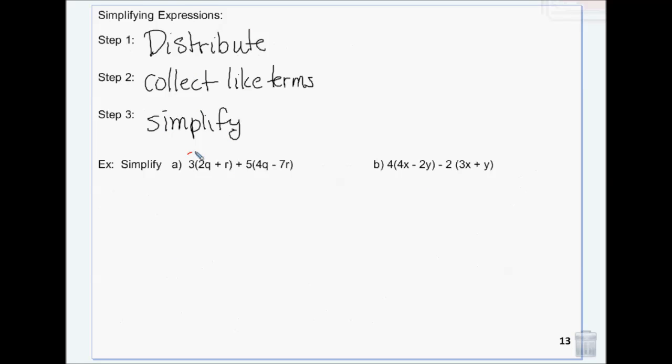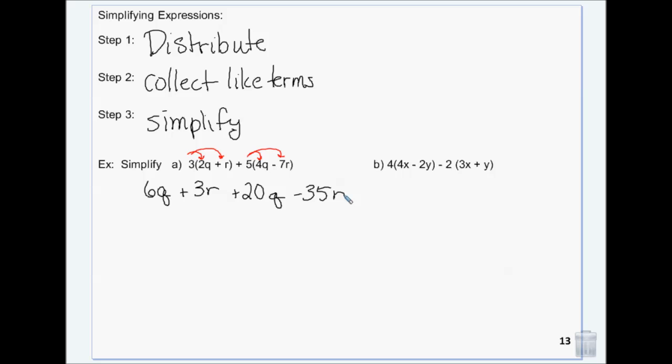So that one's going to take a little bit more work. So I'm going to distribute that 3, and I'm going to distribute this 5. So 3 times 2q is 6q, and then 3 times r is 3r. And 5 times 4q is 20q, and 5 times -7r is -35r. And then this next step you can do or not.